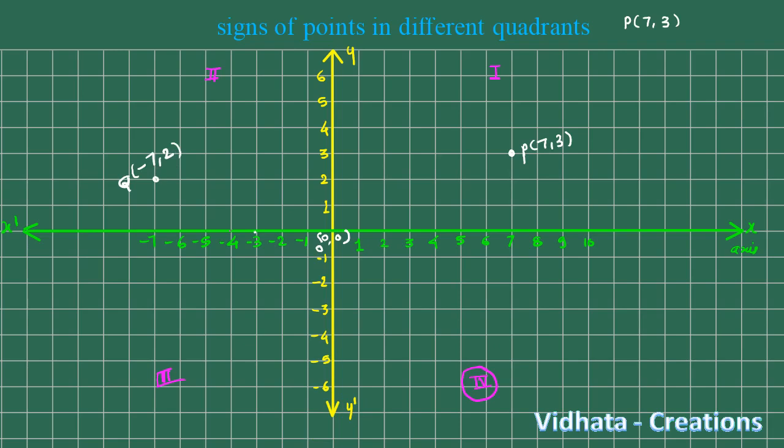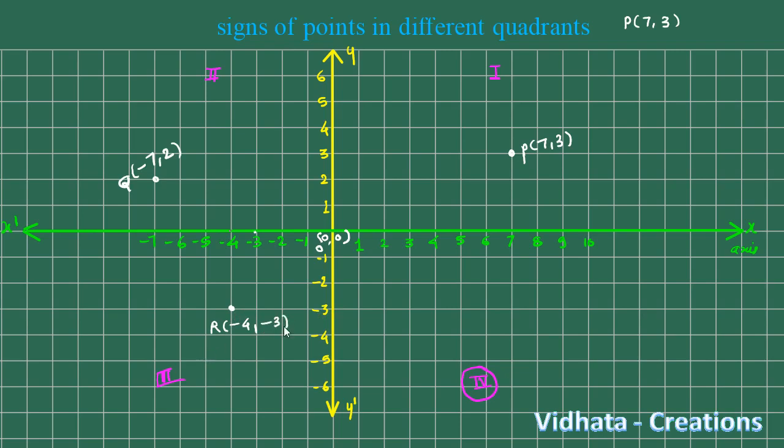One more point I will take here in the third quadrant. Let this point be R. Can you tell what the coordinates of the point R are? Its x coordinate is -4 and its y coordinate is -3.